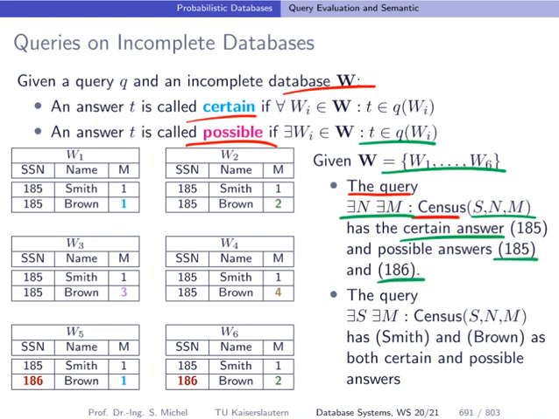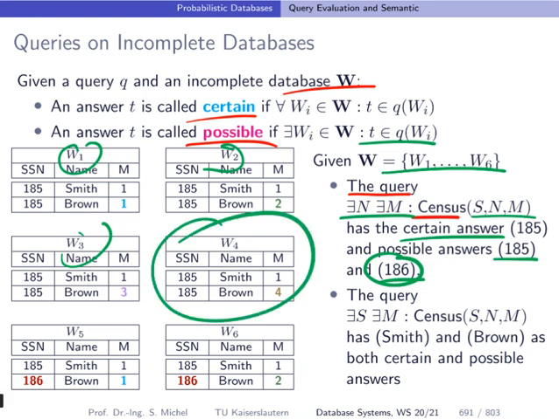Why is 185 a certain answer? Well, because no matter which world we look at, this one or this one or this one and so on, 185 is always included in these worlds. However, 186 is an answer in some of these worlds, but not in all, because for instance in this world here 185 is not included as a social security number.